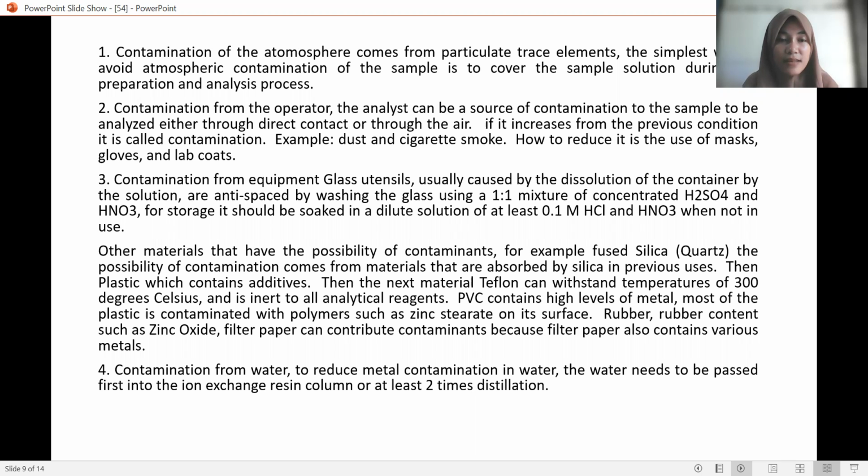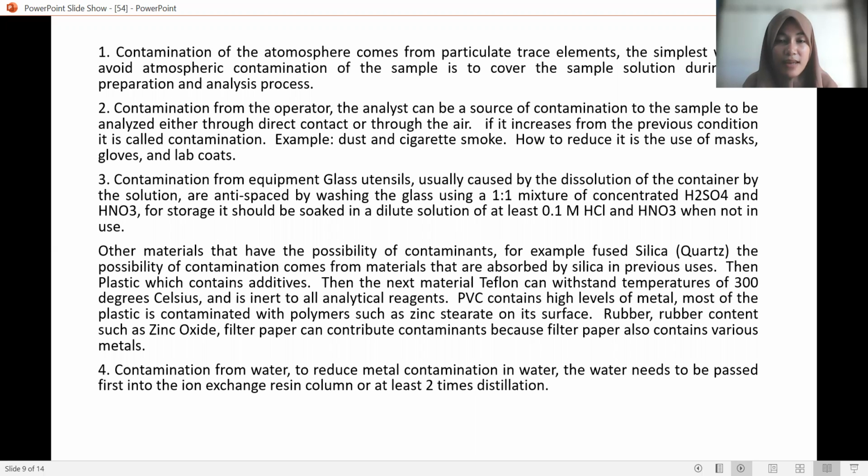Other materials that have the possibility of contaminants, for example, glass, silica, or quartz. The possibility of contaminants comes from materials that are absorbed by silica profusely. Then plastic, which contains additives. Then the next material, Teflon, can withstand temperatures of 300 degrees Celsius and is inert to all analytical reagents.